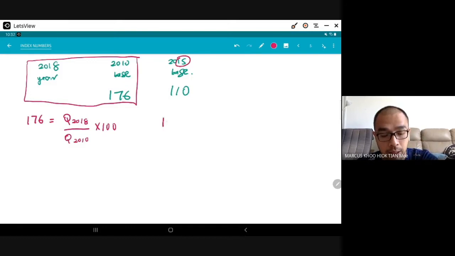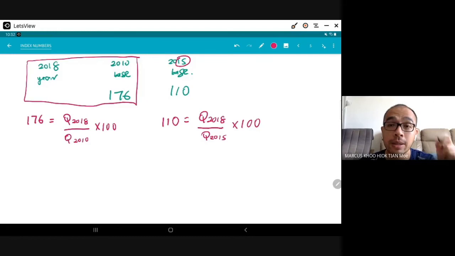This is 110 equals the price of the year 2018 over the price of 2015, times 100, because now the base year changed. So you must know how to put in the numbers correctly. If the base year changes, of course the numbers will change. So the question is, find the price index of the bicycle in the year 2015 based on the year 2010. So they want to find this one.